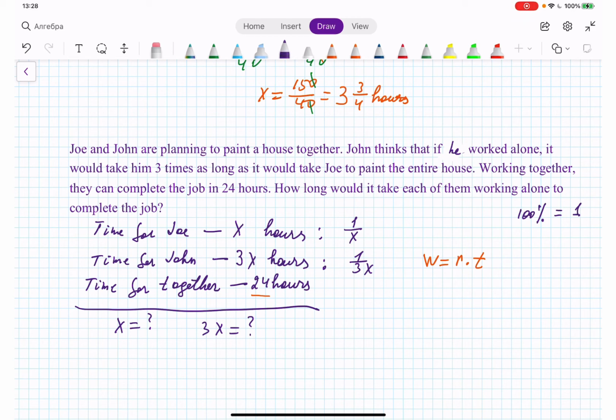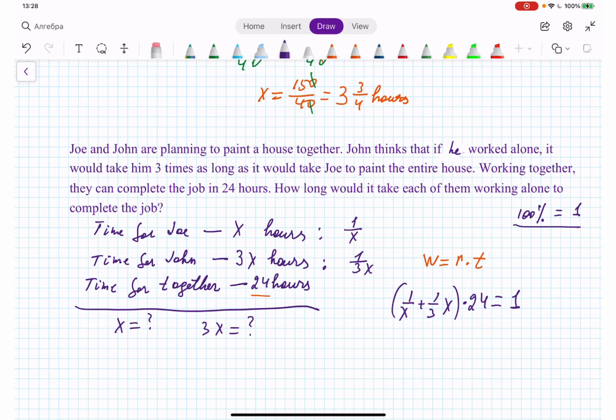Therefore, the rate is the sum of rates, 1 over x plus 1 over 3x, multiplied by the time, which is 24, and it's equal to the work. Work is 100% of the job, which portion-wise is 1. In operations, we don't manipulate with percentage, but with portion. If somewhere you see percentage being used, that means somewhere they divided by 100.